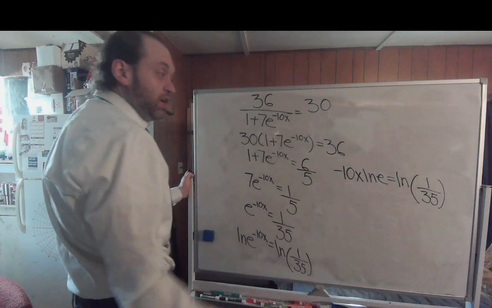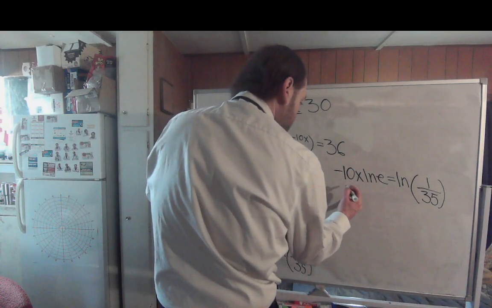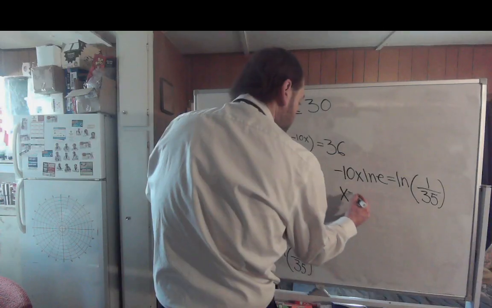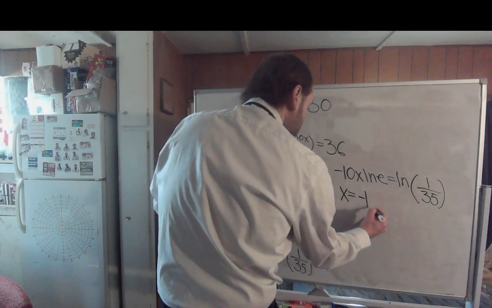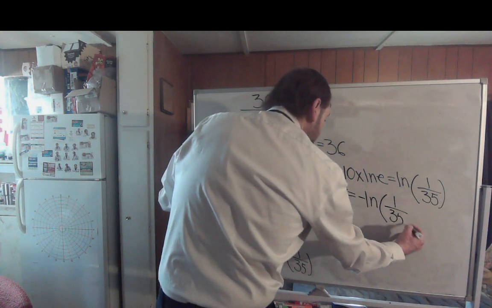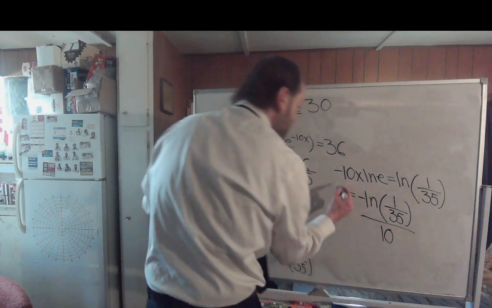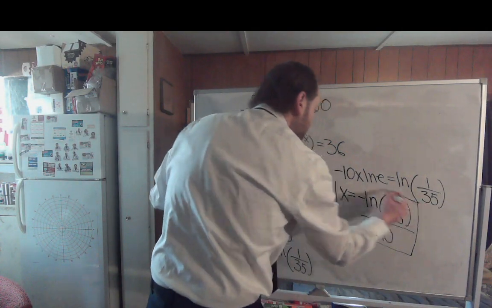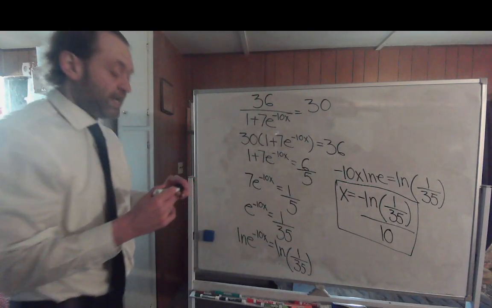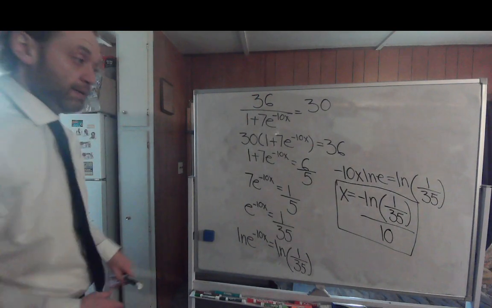Well, natural log of e is 1, so we can solve for x by dividing both sides by negative 10, so x would equal negative of the natural log of 1/35 divided by 10. And there's your solution. X would equal negative of the natural log of 1/35 divided by 10.